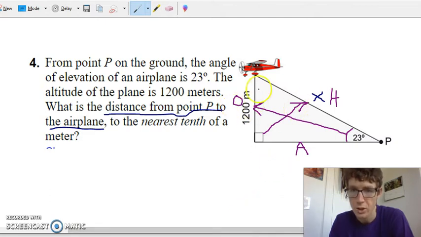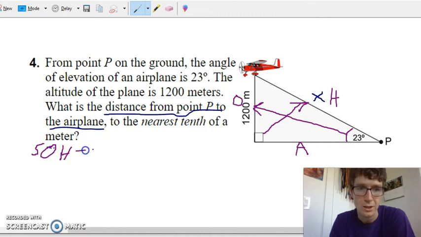Now, what we want to do is determine the correct equation here. So for this equation, we got to use the SOHCAHTOA acronym. So SOHCAHTOA.